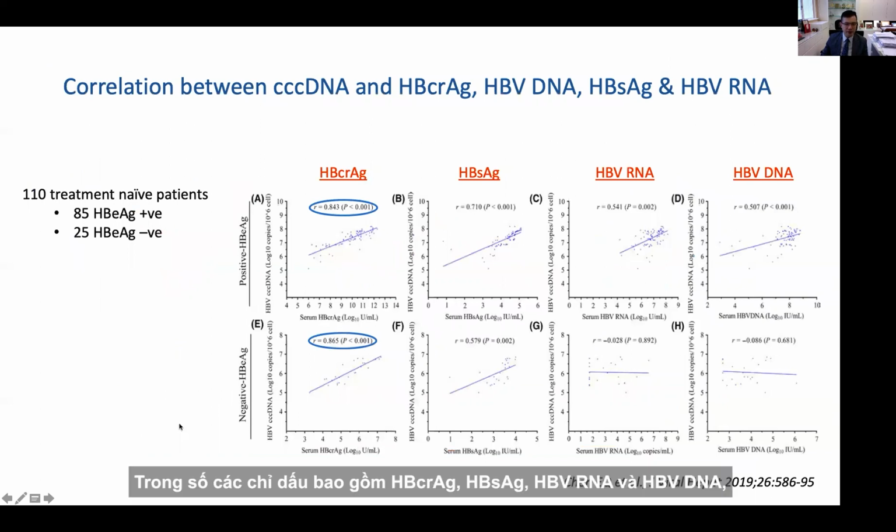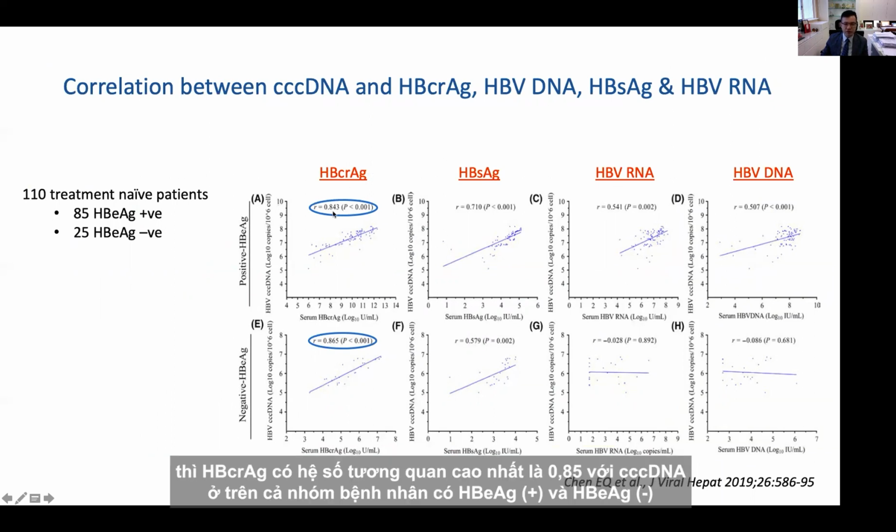In another study, among core-related antigen, surface antigen, HBV RNA and HBV DNA, core-related antigen had the highest correlation coefficient of 0.85 with cccDNA in both E-positive and E-negative patients.